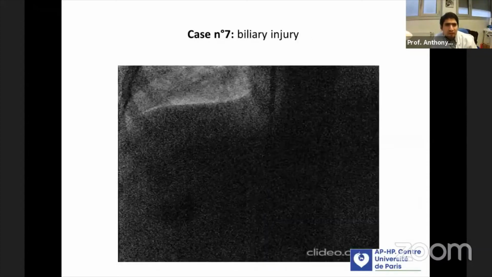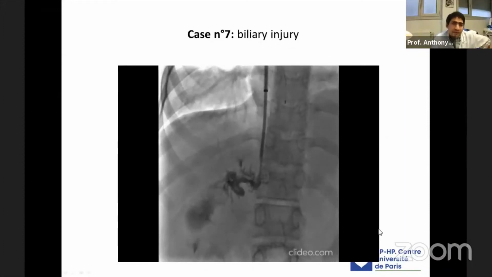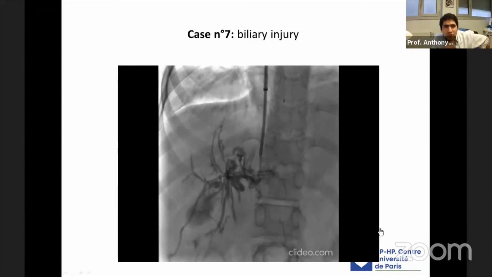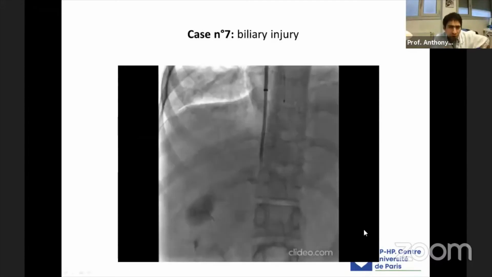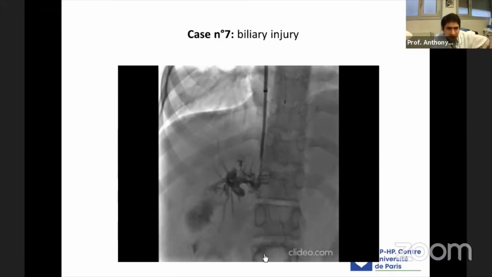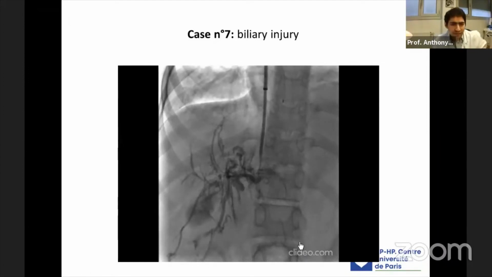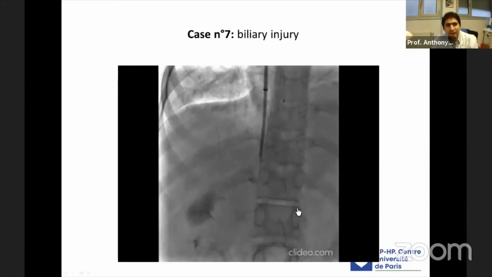Another possibility, especially if your patient has a dilated biliary tree, and that's why it's a relative contraindication, is that you may puncture the biliary tree with your biopsy, and on the angiogram you may opacify the biliary tree, like here in this case. This may be problematic, especially if the biliary fluid is infected.